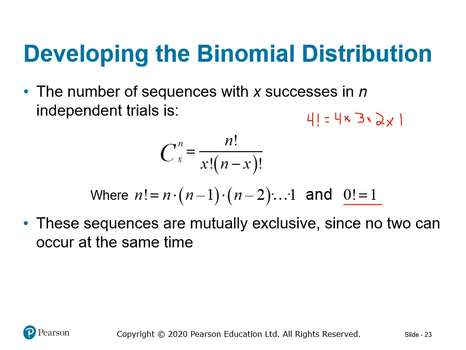So here I have 4 times 3, which is 12, times 2, which is 24, times 1, which is still 24. So 4 factorial here is 24.